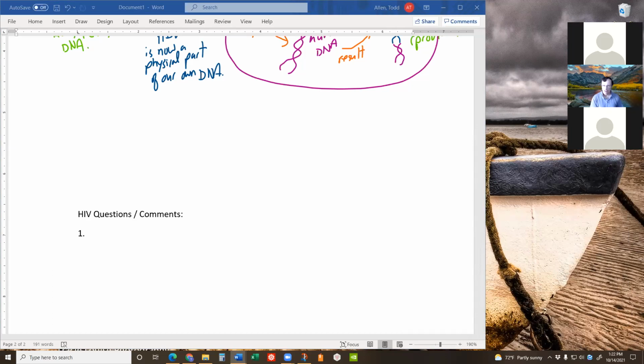Here we go. When new HIV particles are assembled inside the host cell cytoplasm, do the new HIV particles have an envelope?